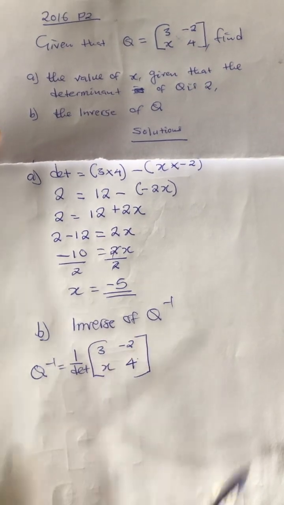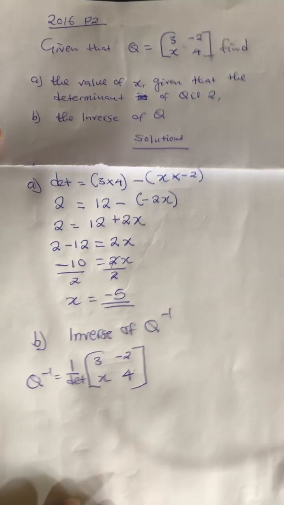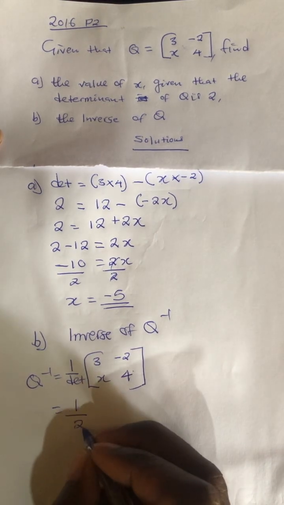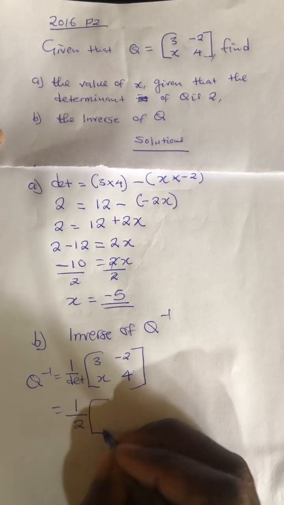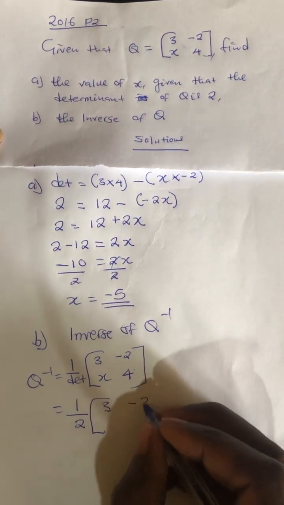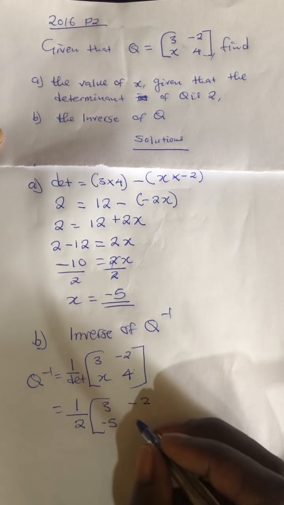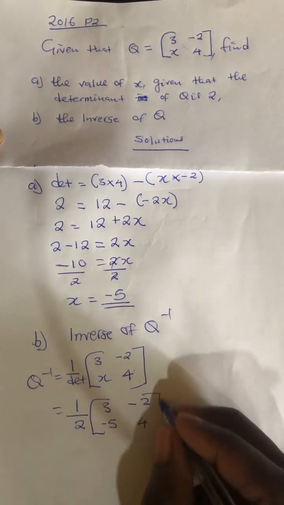So 1 over determinant is 1 over 2 multiplied by 3, negative 2. Now x has been found as negative 5, and then here we have 4.